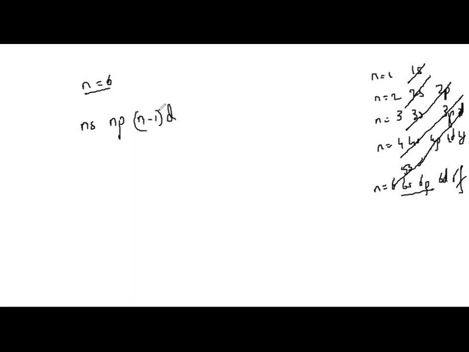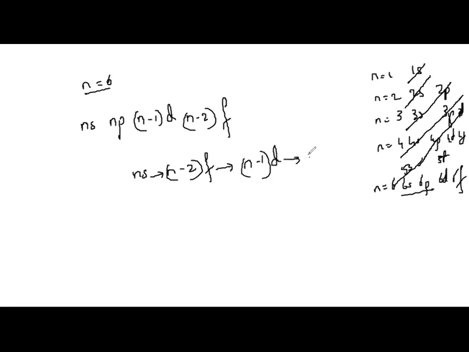It will not be 6d, it will be 5d. 5d comes first, then we go for 6p and all. Then for nf, it will be 4f, that is (n minus 2)f. Therefore the correct sequence is ns, after that (n minus 2)f, then comes (n minus 1)d.